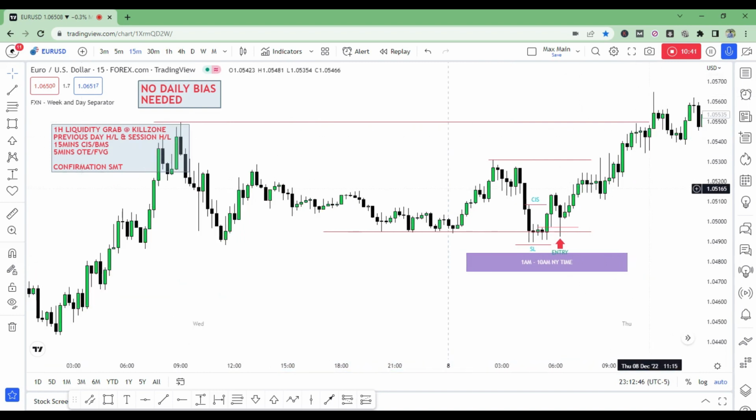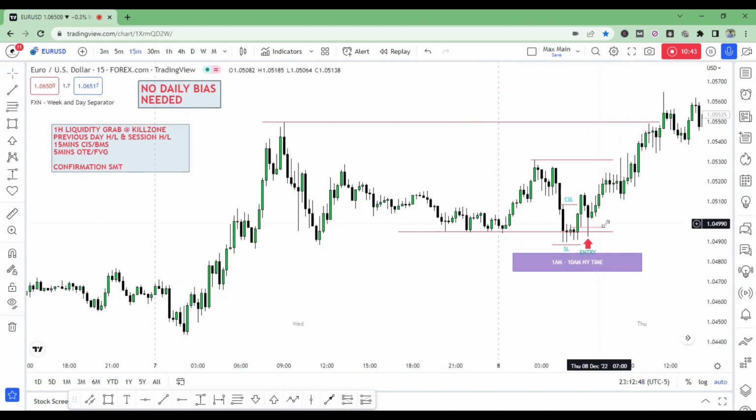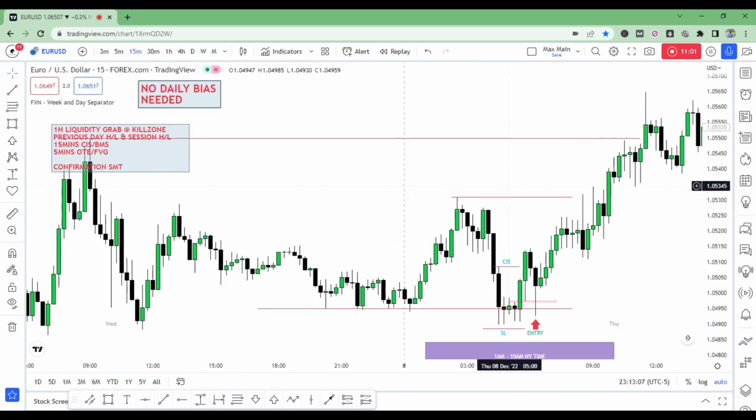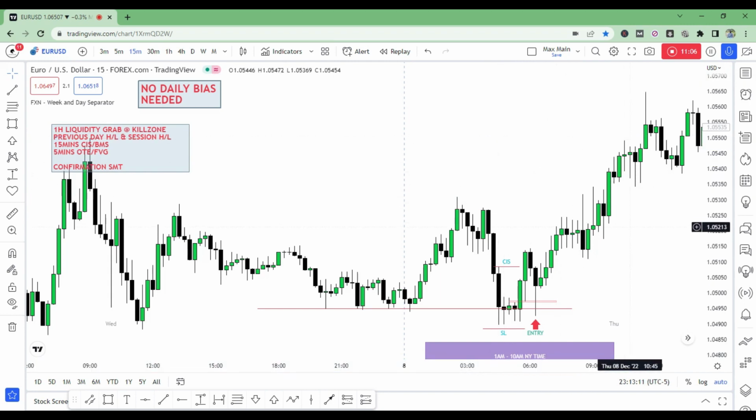Actually on this day, once I took this trade, this market just went higher and higher. But since we are not relying on the daily bars, let's use the nearest liquidity. And if there's a daily high that is close, just use that high and you'll be okay. So let's look at another example.